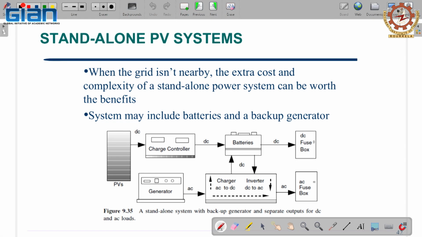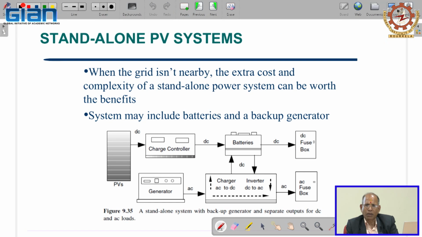Here one main point we have to keep for the standalone system is the backup. What kind of backup are we going to have for the standalone PV system? Generally we have the battery, but we can have the diesel generator, which may be optional.